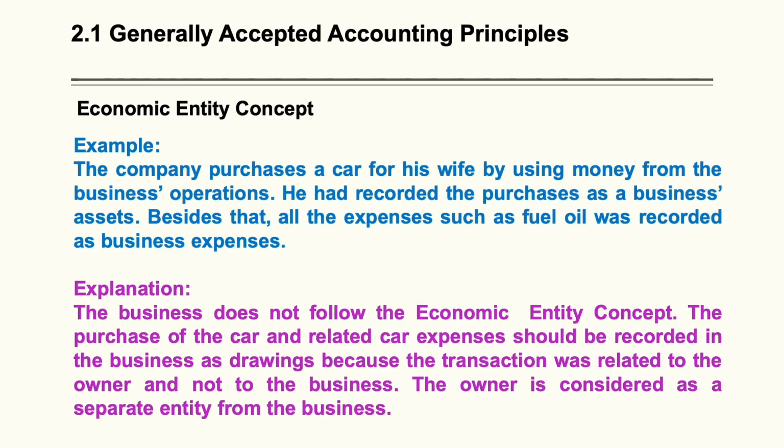The purchase of the car and all related car expenses should be recorded as drawings, because the transaction was related to the owner and not to the business. The owner is considered a separate entity from the business.